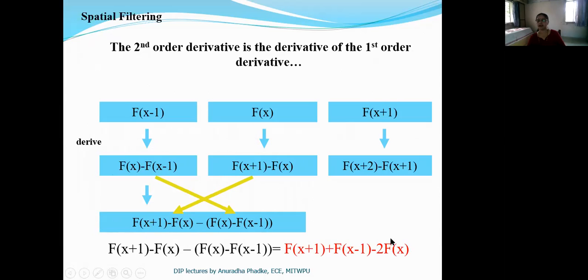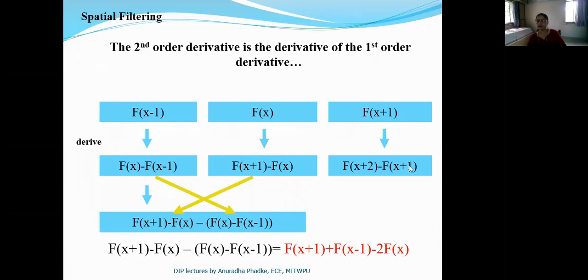So effectively it gives you this equation: the second derivative of f of x is given by f of x plus 1 plus f of x minus 1 minus 2 times f of x. Because here there is one term minus f of x, and when we subtract this term, we get one more minus f of x. So effectively, it becomes minus 2 times f of x. So simply, we can obtain the second derivative by subtracting two first derivatives.